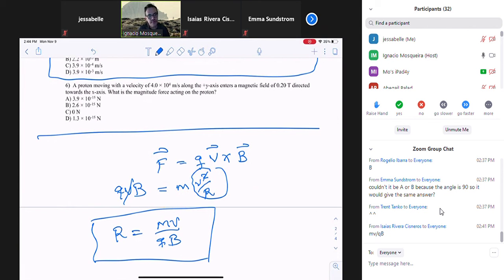So remember that, you're going to have that in the exam, and you have to remember whether the charge is positive or negative, which direction it will go, and what the mass is. For protons and electrons, they have the same charge magnitude, but they definitely don't have the same mass. A proton is much more massive than an electron.